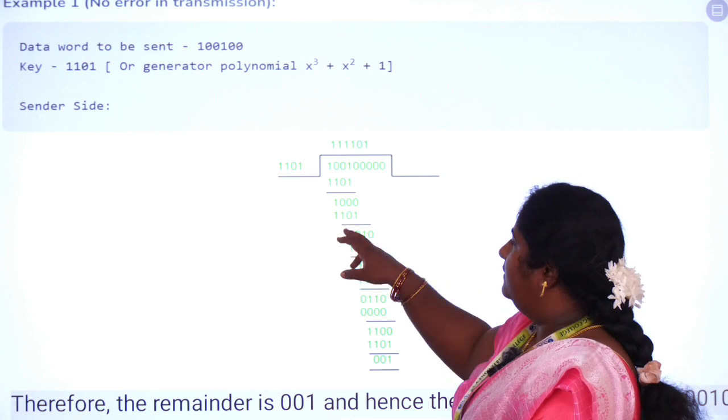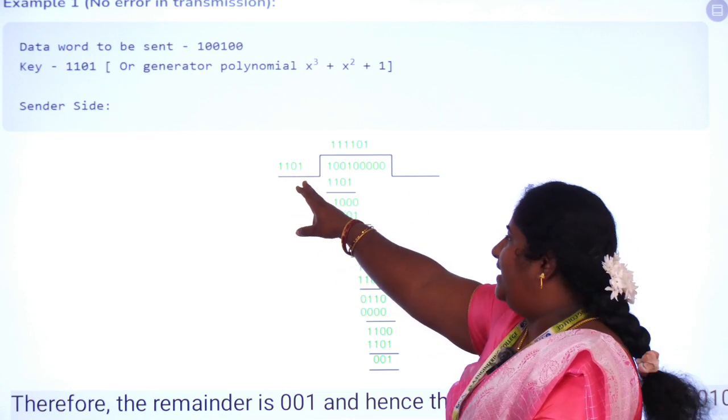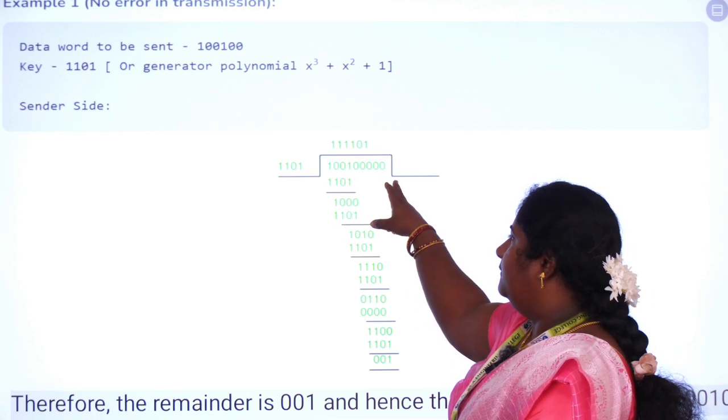Going to the division methodology, 1101 is taken as the divisor, and the dividend is 100100000.